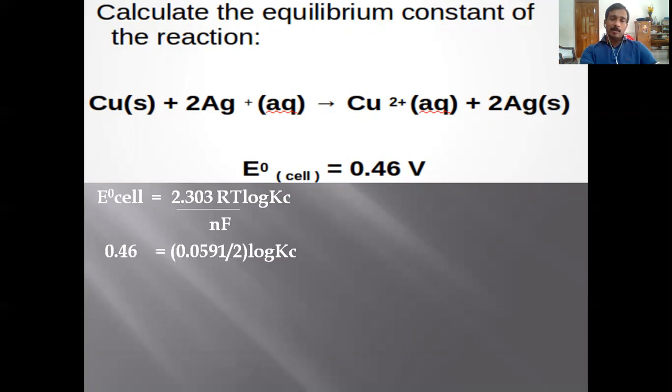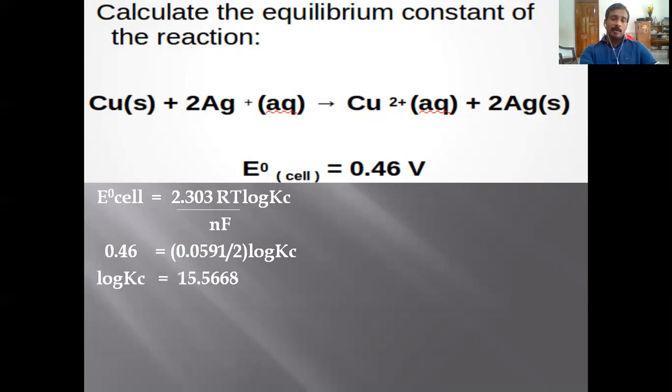E0 cell is 0.46, equal to 0.0591. Temperature is not given, so we can take 298 Kelvin as the temperature. Then the equation will become 0.0591 divided by n, where n is equal to 2, 2 moles of electrons are involved here.